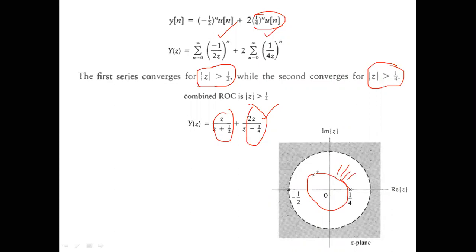Whereas outside 1 by 2, both the terms converge. So when both the signals are right sided, ROC is outside the outermost circle, or shall I say outside the outermost pole.